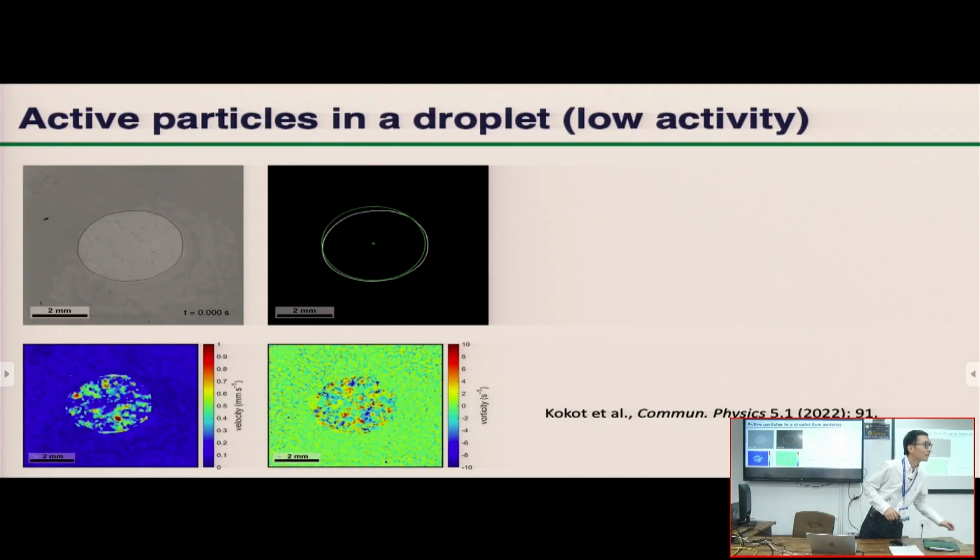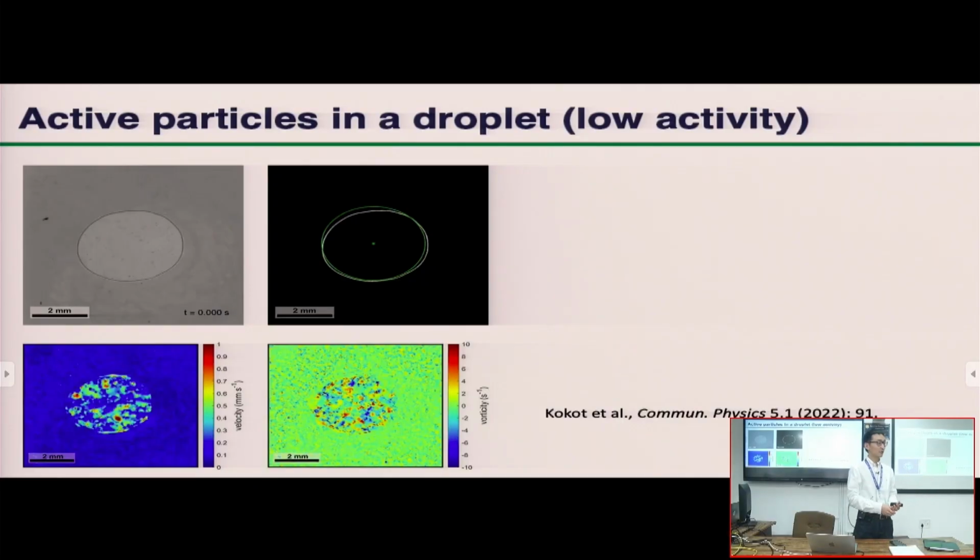It cannot normally be done by one bacterium, but if they are very active, they could destroy the droplet.